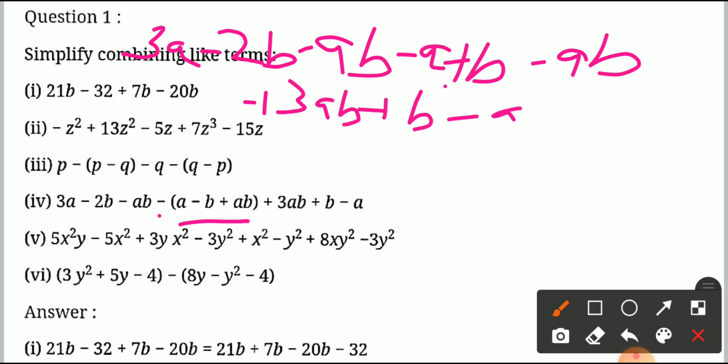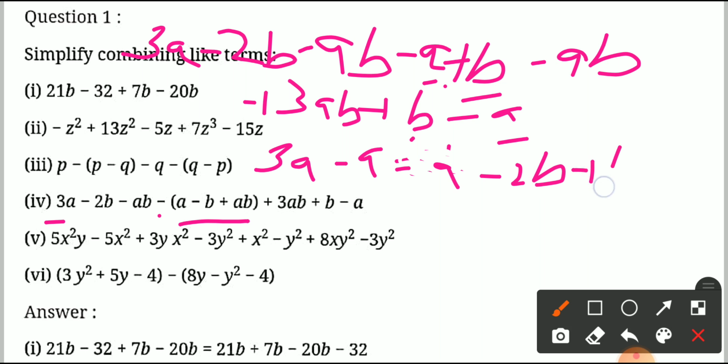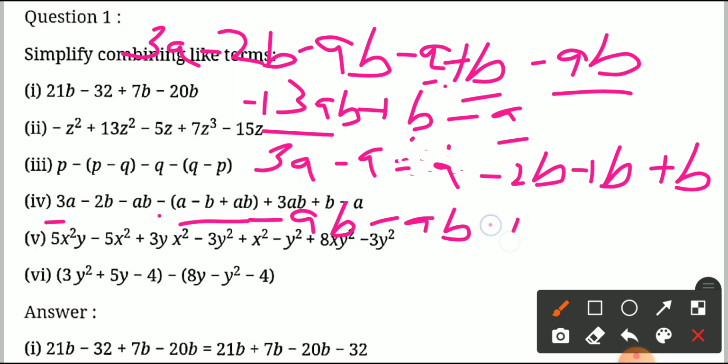So write all the a terms first. So we have here 3a, then minus a, then minus 2b, along with 2b what we will write here, plus b, here we have minus a, see, this is also minus a, then minus 2b, here we have plus b, and here also we have plus b, then minus ab, then again minus ab, then we have here plus 3ab.